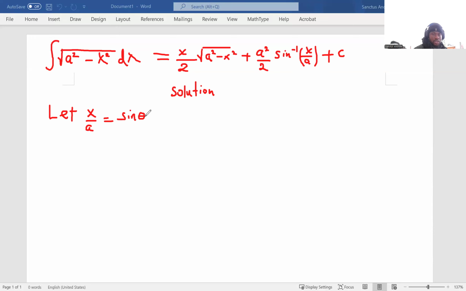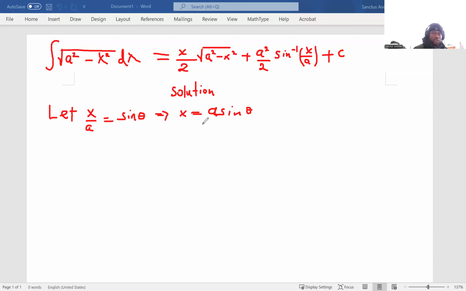In essence, it means you should say let x be equal to a sine theta. Please go to the previous video to grab what we are seeing here.